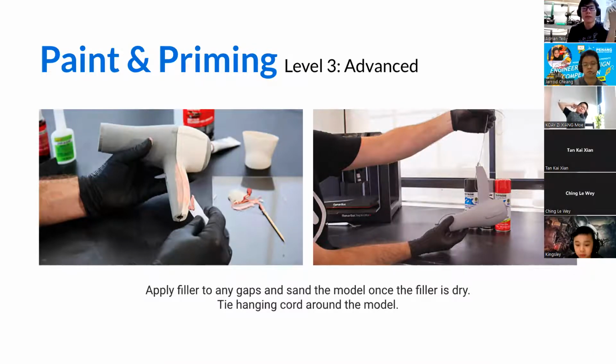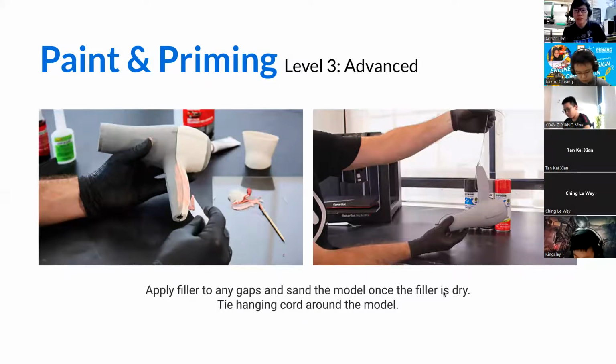I use filler. There are many types of filler, but in this case, I'm using wood filler. This is for you to fill wood. When you cut tables or chairs, you can use this filler to fill the holes. With the wood breaks, then you can fill it with this filler.